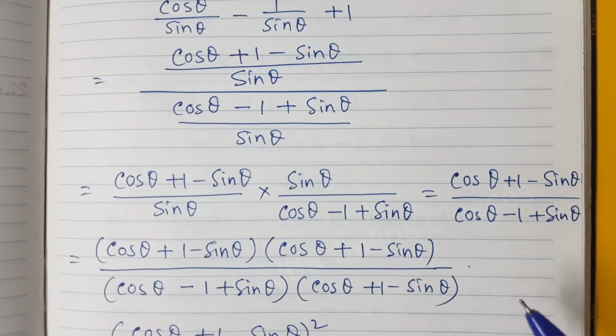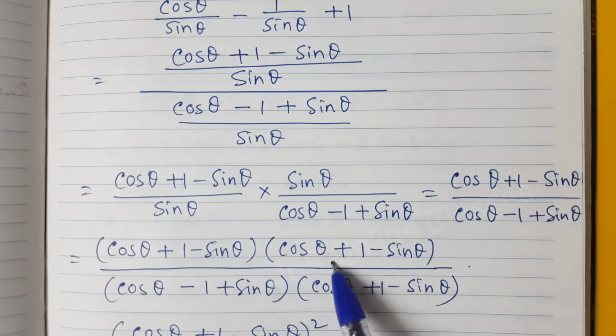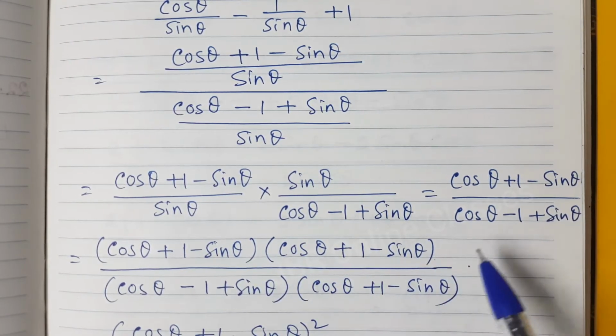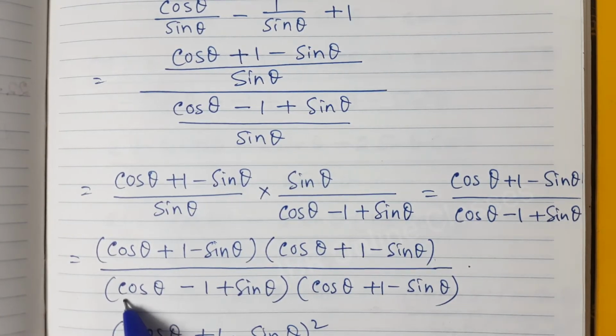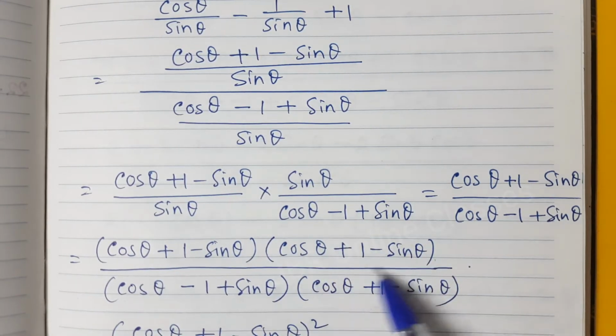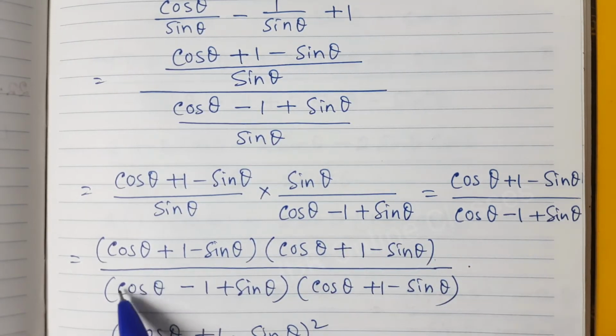Now here I am multiplying by cos theta plus 1 minus sin theta in the numerator as well as in the denominator. Why am I doing that? First you notice that I am picking cos theta as one term and 1 minus sin theta as one term, and I am multiplying this quantity in the numerator as well as in the denominator because I want to apply the a square minus b square formula in the denominator.